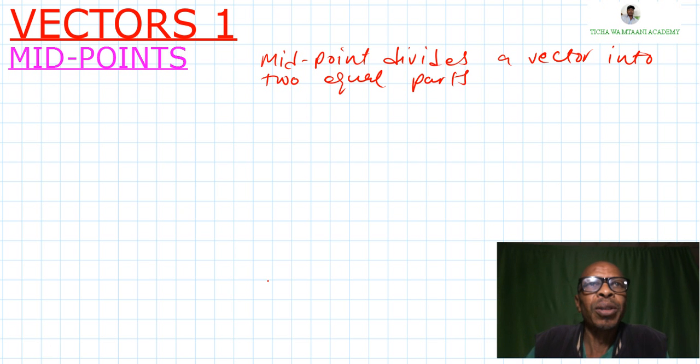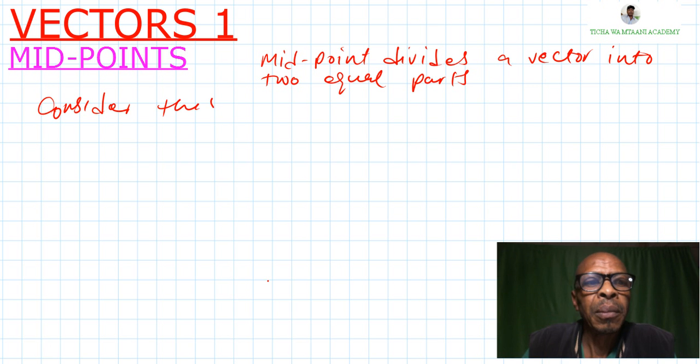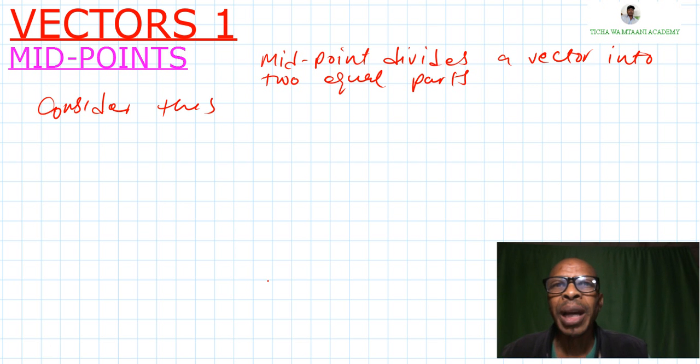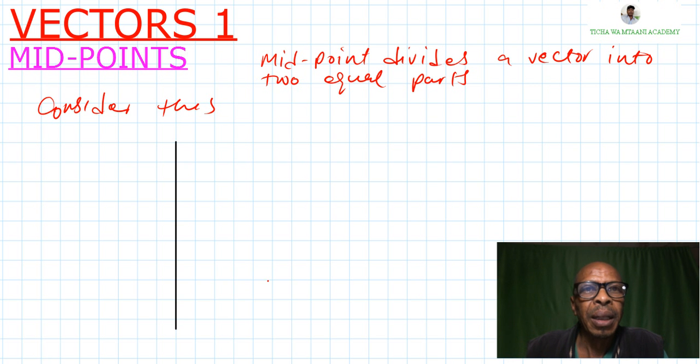So let's consider this. We have a Cartesian plane here. Let's draw the Cartesian plane, and this is the x-axis.